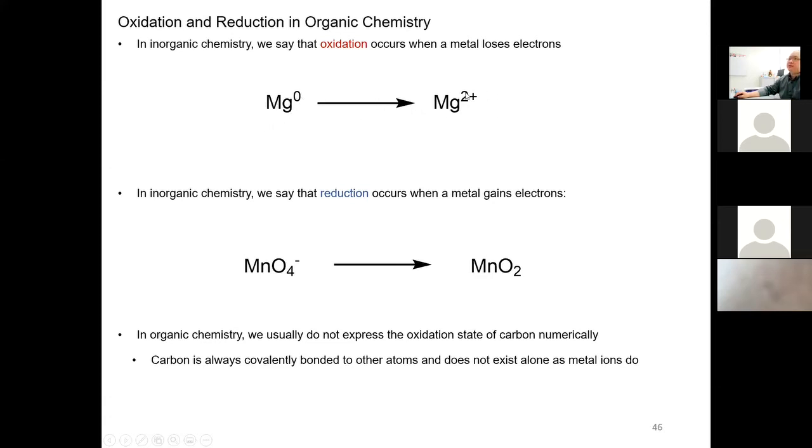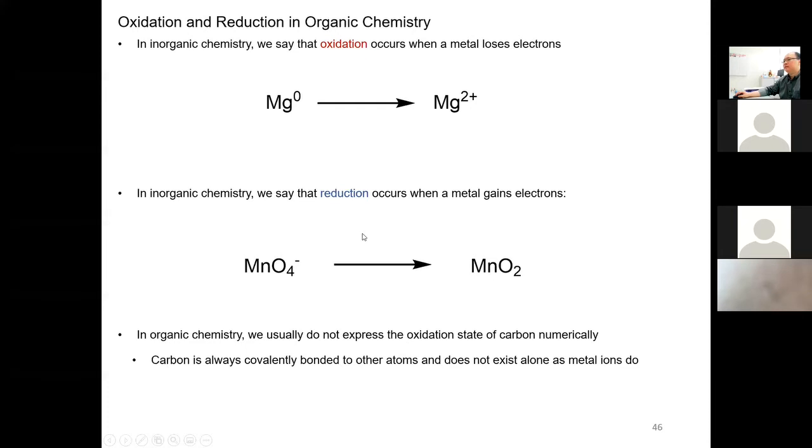It becomes 2+, okay? And we say reduction in the reverse way, right? So this is manganese +7, right? And then this is manganese +4. Okay, so the manganese oxidation state decreases and it gains electrons.